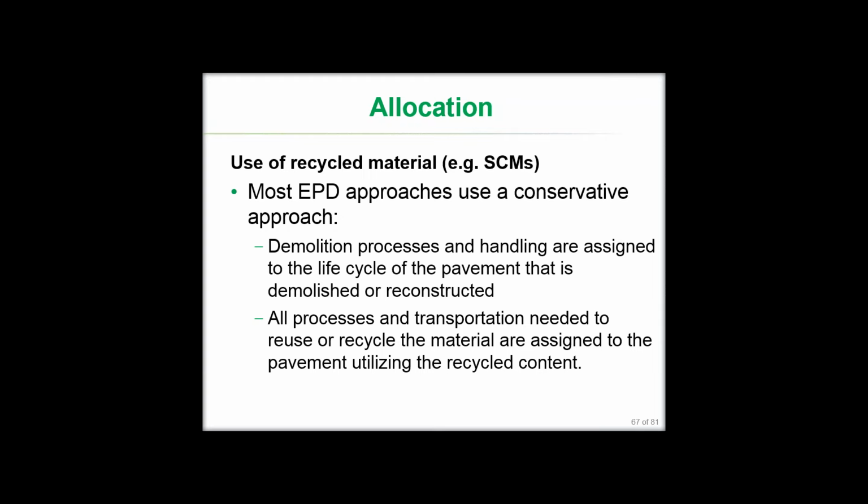All the handling should go to the pavement that's being deconstructed. But then at the same time that material is being used in the next pavement, and for that it needs to be transported, and maybe it needs to be crushed or sifted, and all that handling goes to the next pavement.